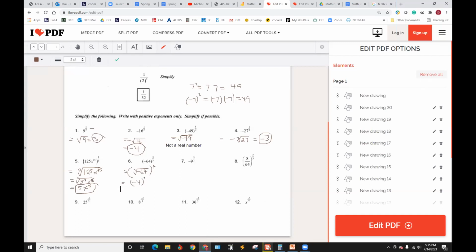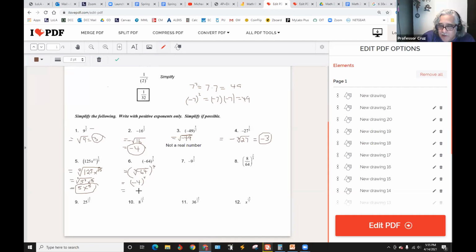Oh, I'm sorry, 256. So it'll be 256 positive. Because if you take negative 4 times negative 4, you got 16 positive. The other 2 4s also giving it a positive 16. You multiply positive 16 times positive 16, you get positive 256.